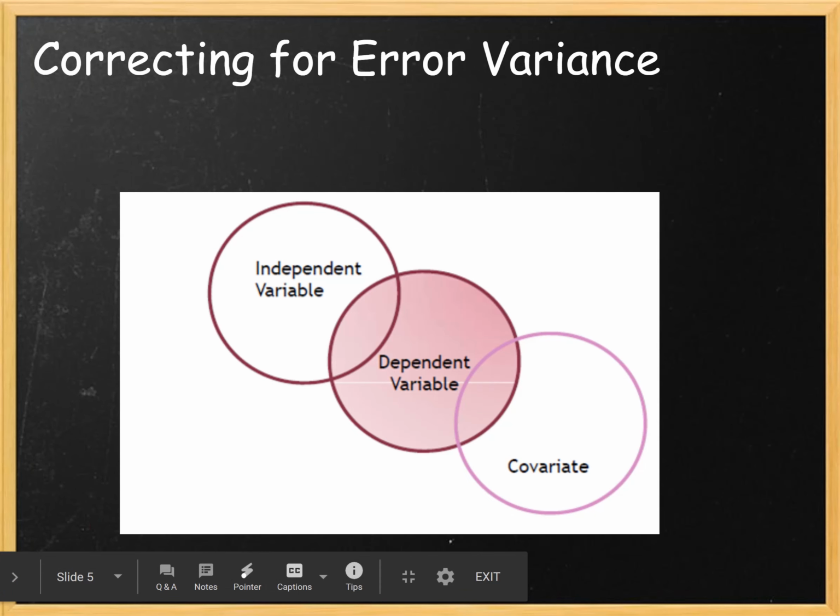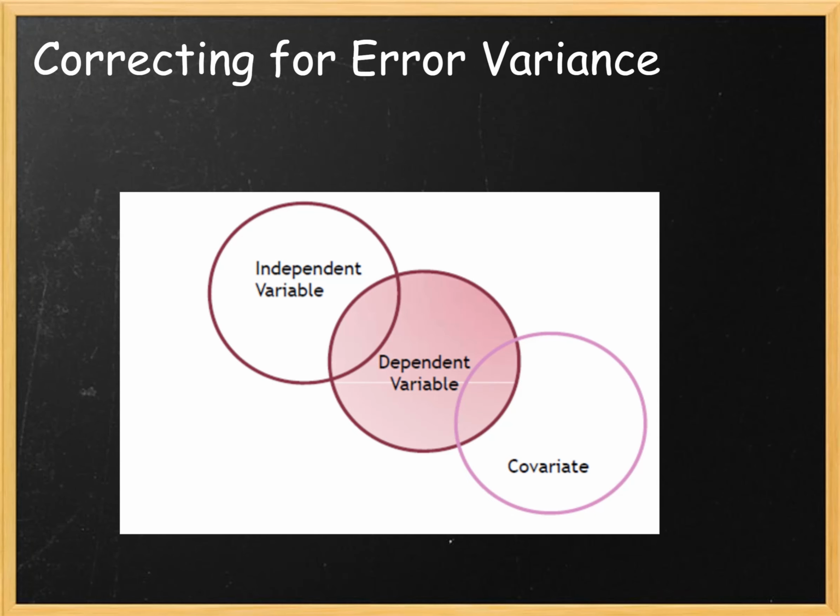All right. So here we have an ideal situation where our covariate is accounting for some variance in the dependent variable, some unaccounted for variance in the dependent variable, and our independent variable is accounting for variance in the dependent variable, meaning that there's some differences between the means across the levels of the independent variable.